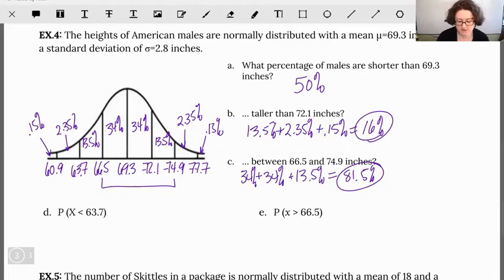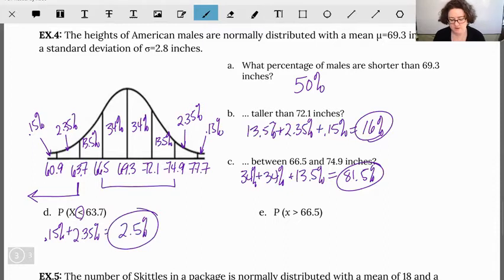So we want to look at our 63.7, and we want to add together all the sections below that because we have less than. So 0.15% plus 2.35%. So we're looking at 2.5% of males are shorter than 63.7 inches. Again, for reference, 60 inches is 5 feet.